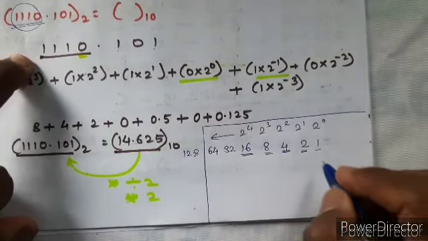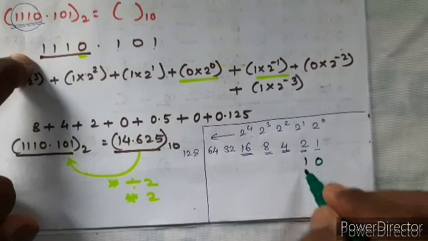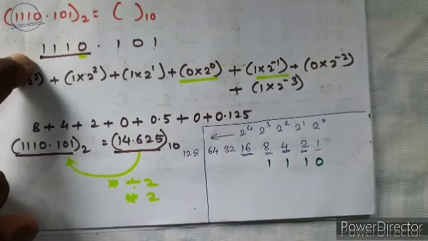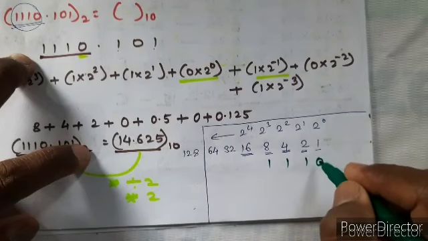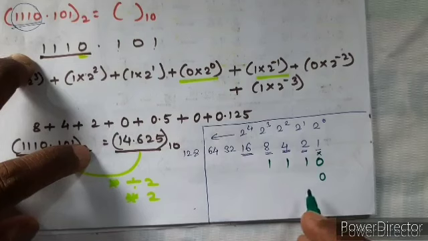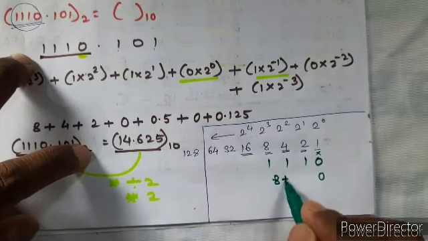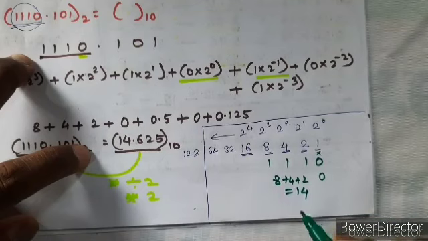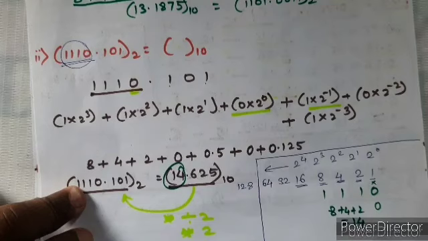Okay, now I have this 0, 1, 1, 1. Now here if I multiply 0 into 1, this is 0, right? So you have to leave this. So what I have is 8 plus 4 plus 2, which is 14, right? So that is what I am getting here, 14.